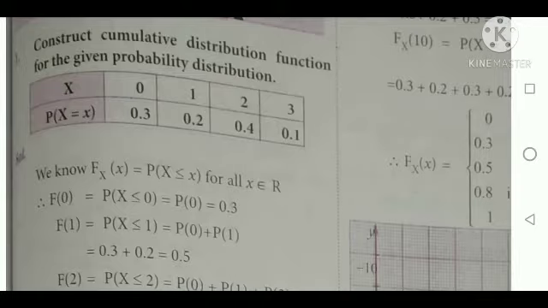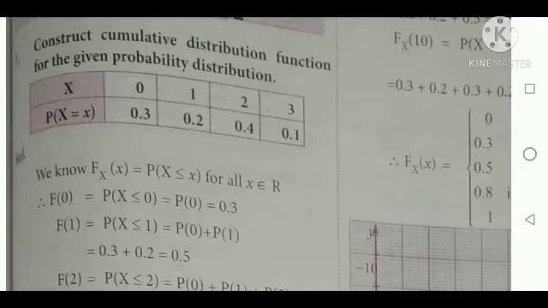In this, F of 0, take the x equal to 0 value. If x equals 0, then p of x equals 0.3. So F of 0 is p of x less than or equal to 0, that is p of 0, which becomes 0.3.